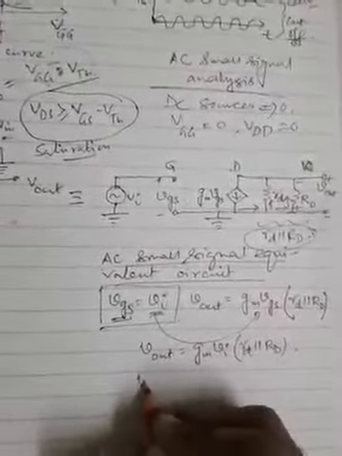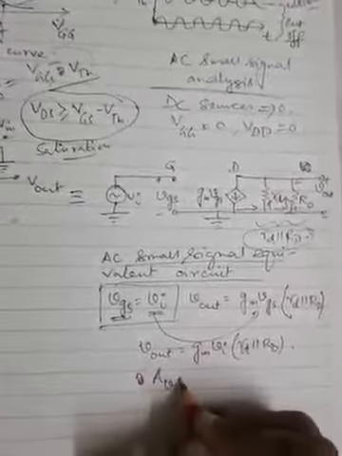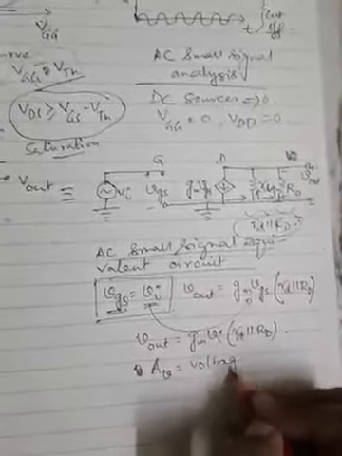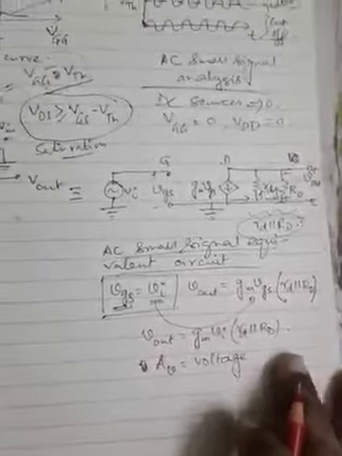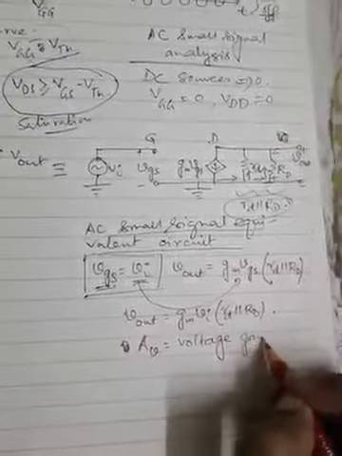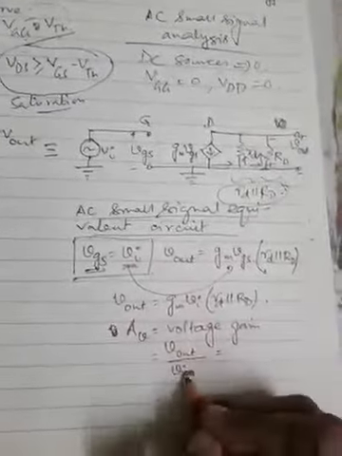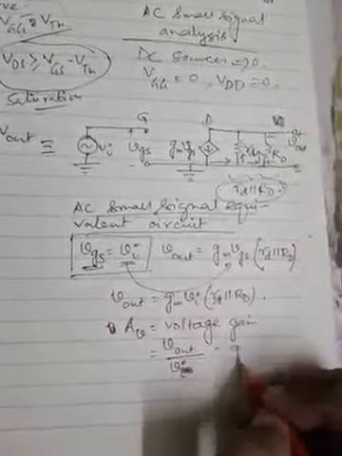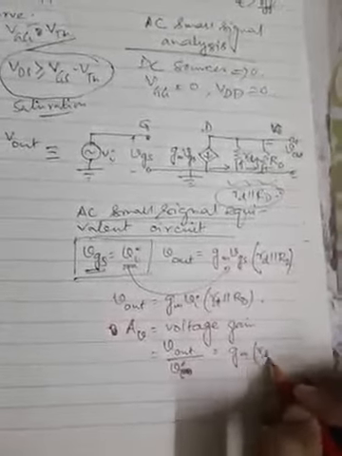So from here, the voltage gain AV of this particular common source small signal amplifier at low frequency is given by the voltage at the output divided by the voltage applied at the input, Vout by Vin, or rather it is VI, we have mentioned it as VI. So Vout by VI is nothing but gm into small rd in parallel with capital RD.